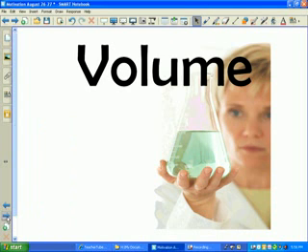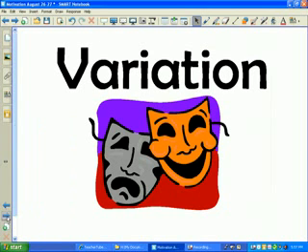How much space is being taken up in that beaker that the woman is holding in the picture. How much of that liquid is being held in that complete beaker. So the key characteristic will be space. Weight or mass deals with how heavy something is, and volume deals with how much space is being taken up.